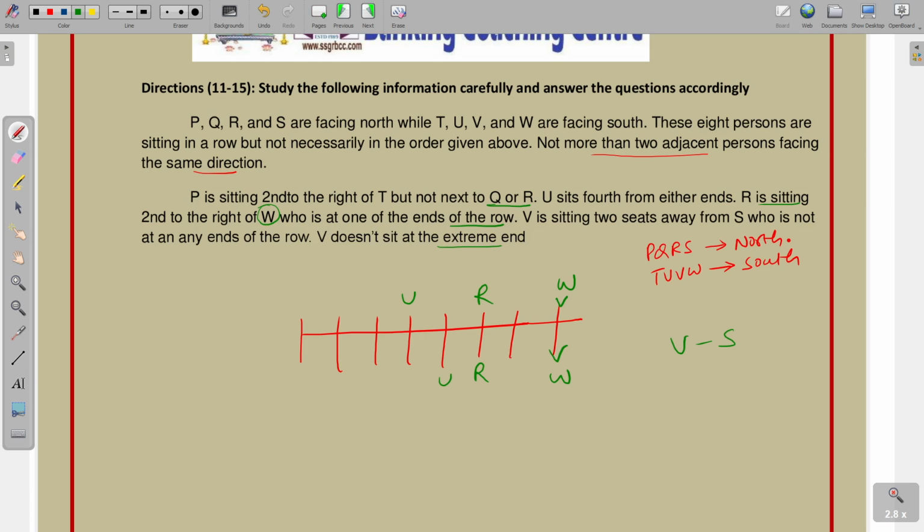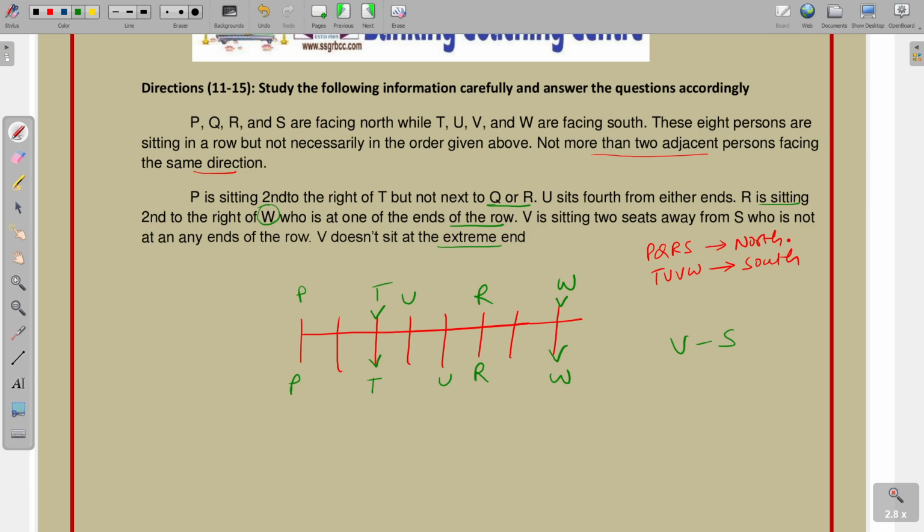And next P sitting second to the right of T. Actually T is facing south direction. Suppose if T is facing here and P is placed here and not next to Q and R. Suppose Q cannot come here. Okay, it is the possibility. Suppose next here if you take T here, P is placed here and not next to Q and R. Q cannot come here, P cannot come here, and not here either.